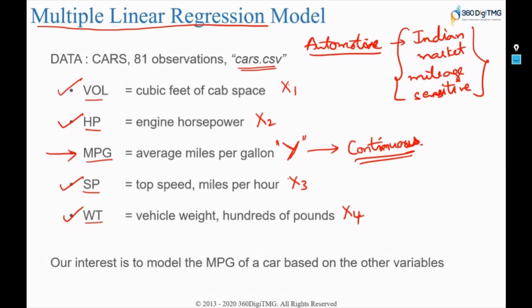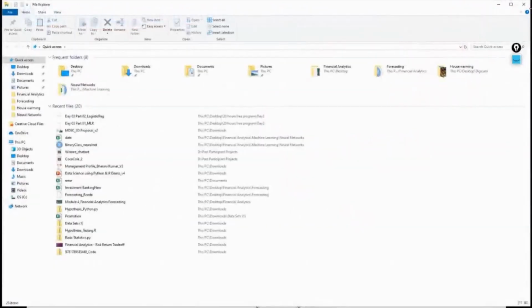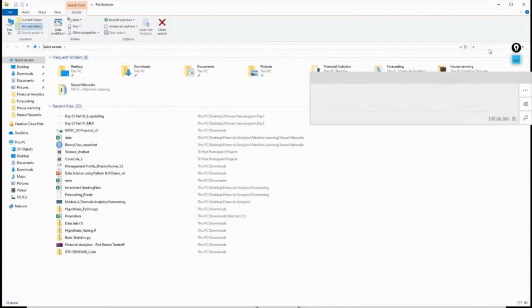All right. So what I will do now is load a specific dataset, and let me search for the file cars.